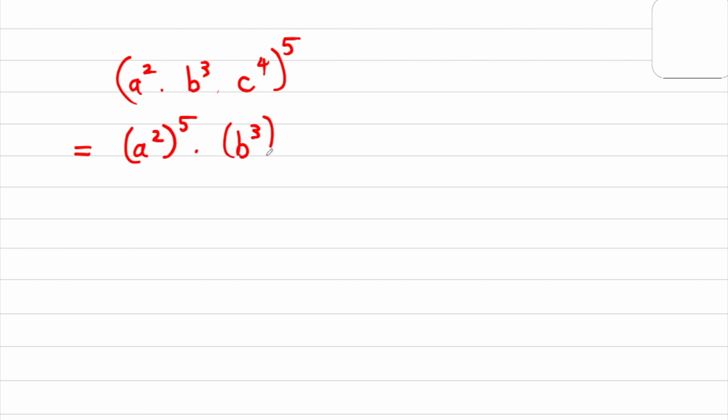BQ inside the bracket and 5 outside. C4 inside the bracket and 5 outside. So for this one, you get 10 here. Very quickly, count in your mind, or mentally calculate: 2 times 5, and 3 times 5, 15, and 4 times 5, 20. Yes, 20.